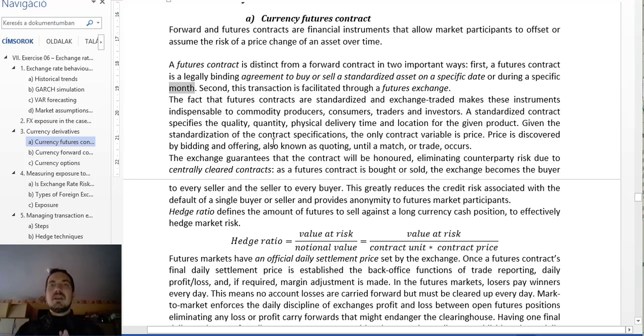So we have expiring dates for December, for January, for March, usually in quarters. And what is really important is that it's made on a futures exchange. This is really important because in this case it's market-based pricing.